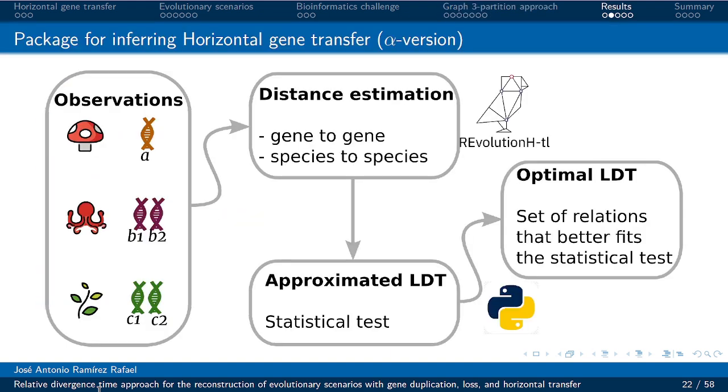Okay, so we already implemented this methodology. We have genomes, real and simulated. We estimated distances using our tool, Revolution tool. Then we have some Python code to approximate the later divergence time graph using a statistical approach. And well, this is statistics and we are prone to errors.